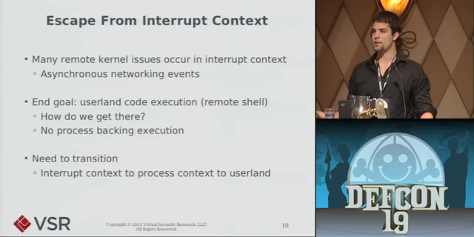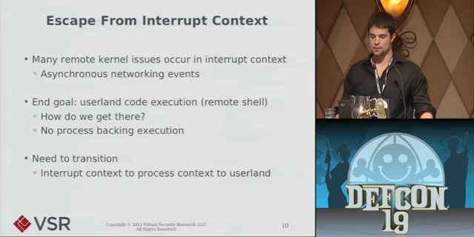But in contrast, when you're dealing with receiving asynchronous events, like receiving networking data, the kernel is running in what's known as interrupt context. It doesn't have a process associated with that thread of execution. And this is a very delicate and difficult context to exploit, because the end goal here is usually to execute code in userland, because a shell is a really nice, convenient way to interact with the system, and that's what everybody wants.